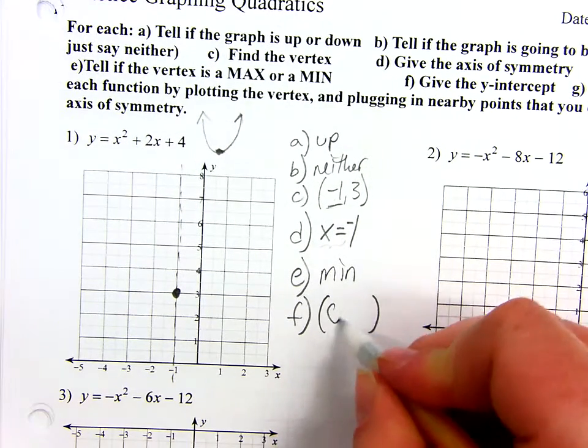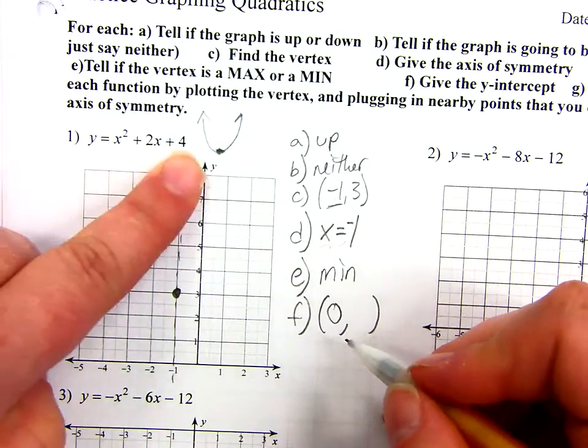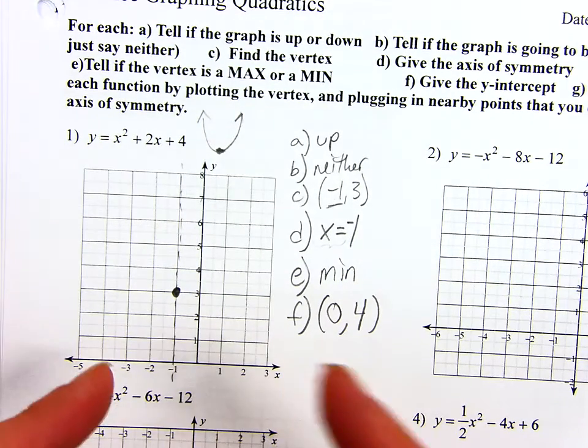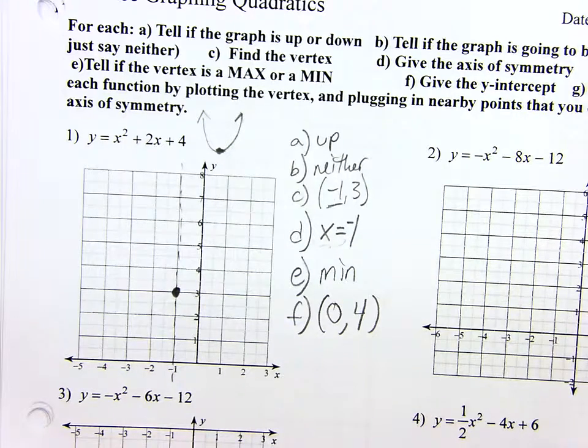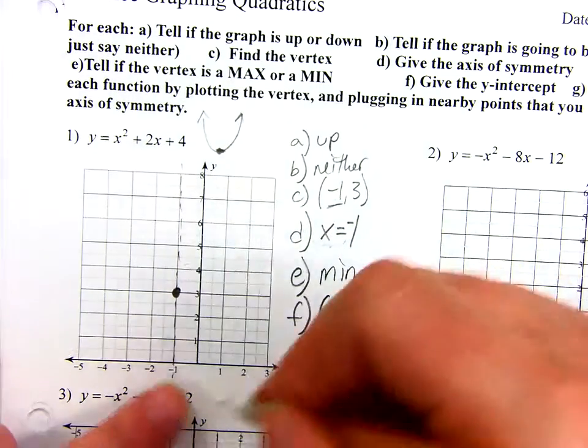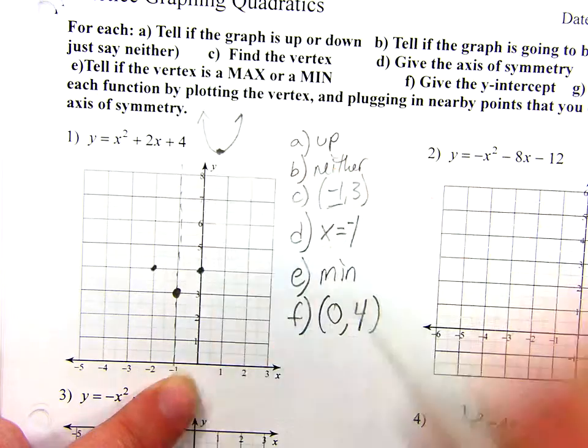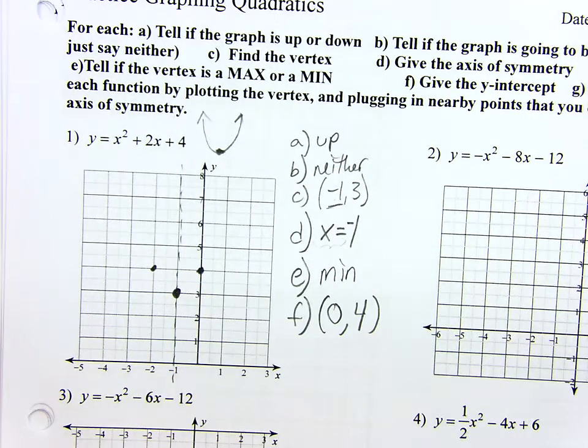So you just plug in a 0 for X, and what comes out? 4. So that's actually a free point on your graph. I didn't put it in my chart, but I can graph it right now, 0, 4, right? That's a point on my graph, so I can mirror that over. Sometimes the Y-intercept is off my grid and it doesn't help me. But in this case, it's easy to find, so you might as well just throw it on there.